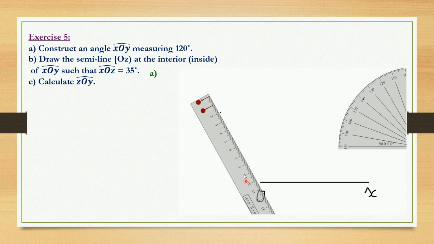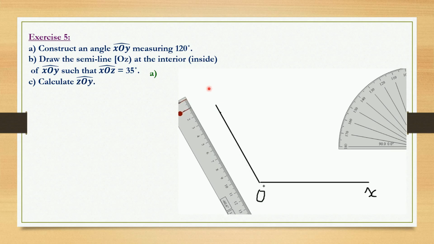Then I use my ruler to draw the second side. After drawing the second side, don't forget to write its name, it's OY. Then I write the measure of XOY, 120 degrees.